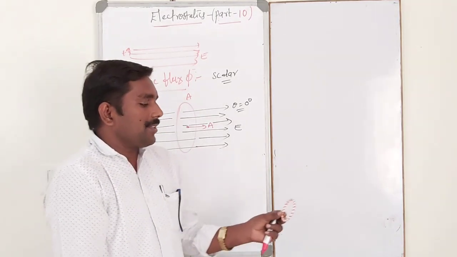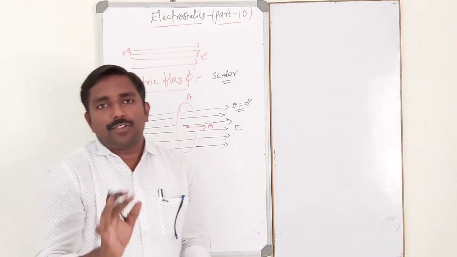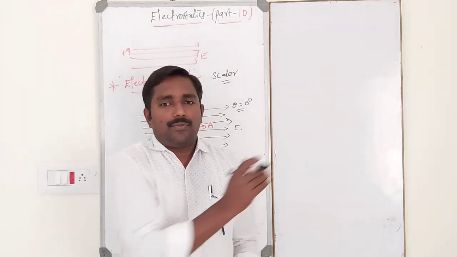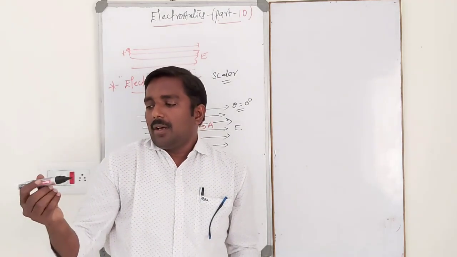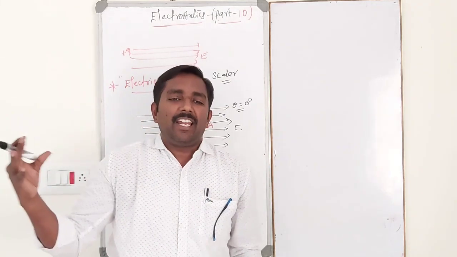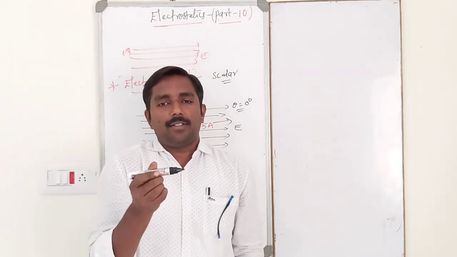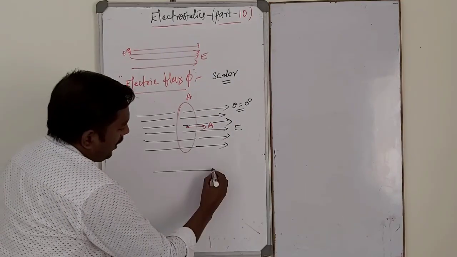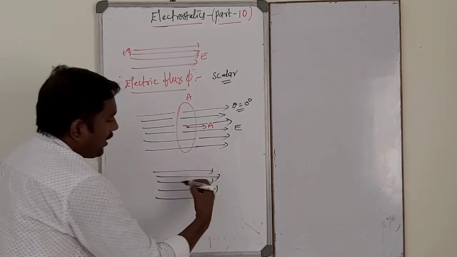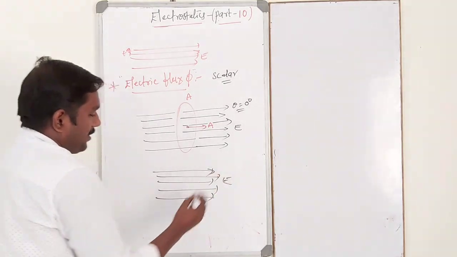See, dear students, suppose, just assume, field lines are passing from right side to left side. Suppose 10 field lines pass through it, like this. This is the electric field line, and these are electric field lines.